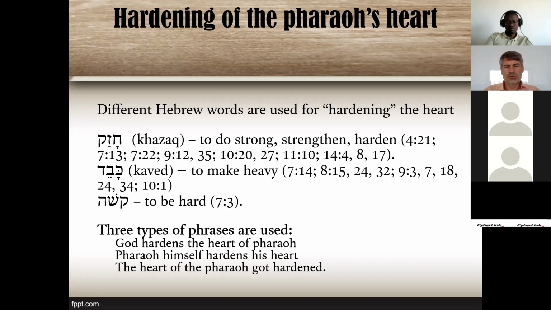So God wanted to strengthen the heart of Pharaoh, but Pharaoh, on the contrary, made his heart heavy. But in fact, we cannot say this, because both expressions are used with both verbs. And also it's very difficult to see differences between them.